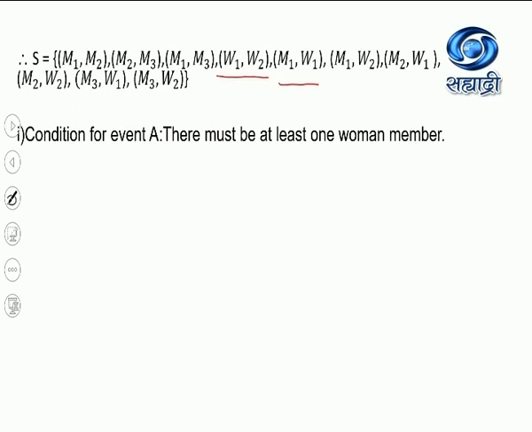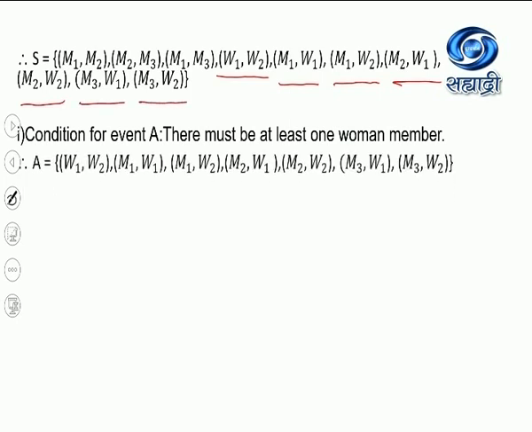Then M1W1, M1W2, M2W1, M2W2, M3W1, M3W2. So I will write all the sample points in set A. A equals W1W2, M1W1, M1W2, M2W1, M2W2, M3W1, M3W2. How many elements are there? There are 7 elements. Therefore, n of A equals 7.